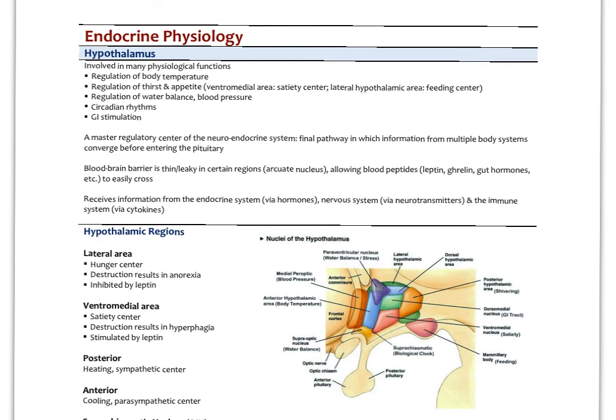And finally, I just want to say a few words about the hypothalamus before we move on. We'll look at this in a little bit more detail in the pituitary section. But really, as you probably remember from your basic organ systems, the hypothalamus, of course, is a major regulator of body temperature, thirst and appetite, water balance and blood pressure, your circadian rhythms, and GI stimulation.